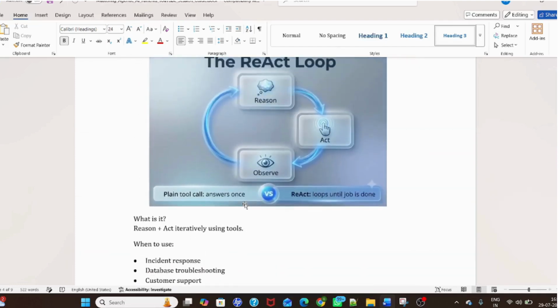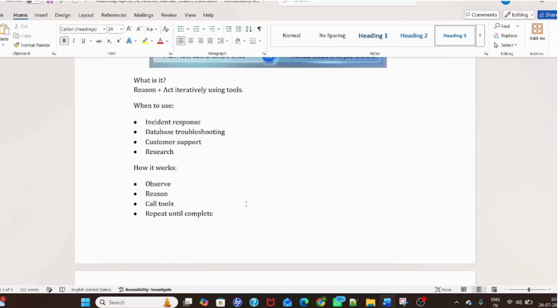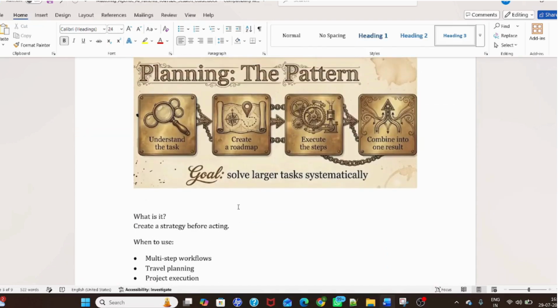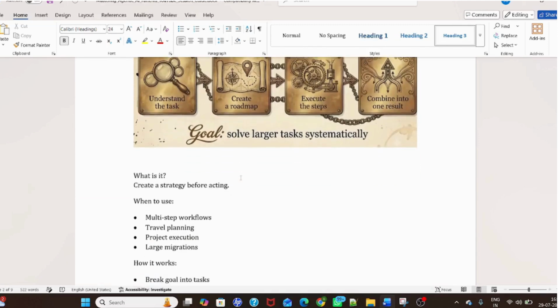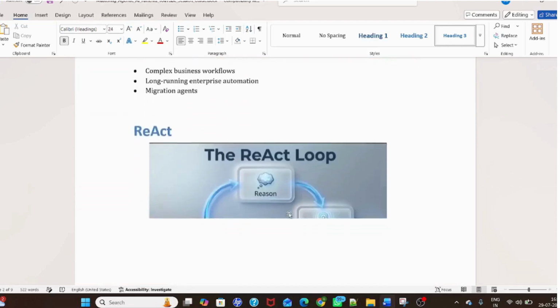And if it is ReAct, where you will find the reason, act, and again observe, you can do that in case of troubleshooting, or suppose you are booking a cab, you have to check the weather. But these things will continue to go on until the process is complete. And this is planning. This planning is everywhere, multi-step travel, migration, job.